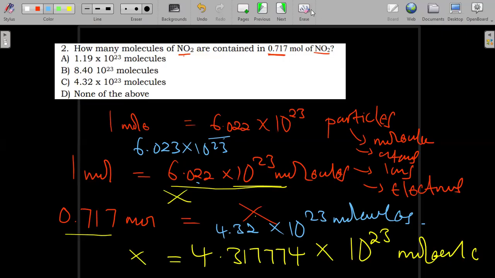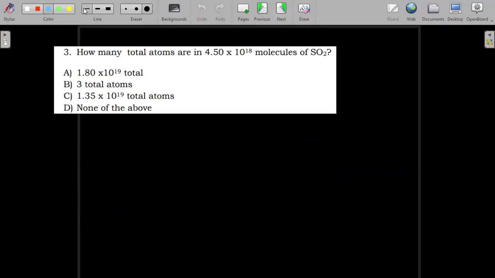All right, so now let's look at question 3. They're saying how many total atoms are in 4.50 times 10 to the power 18 molecules of sulfur dioxide? When we have a molecule like sulfur dioxide, this is one molecule of sulfur dioxide. How many atoms does it have?